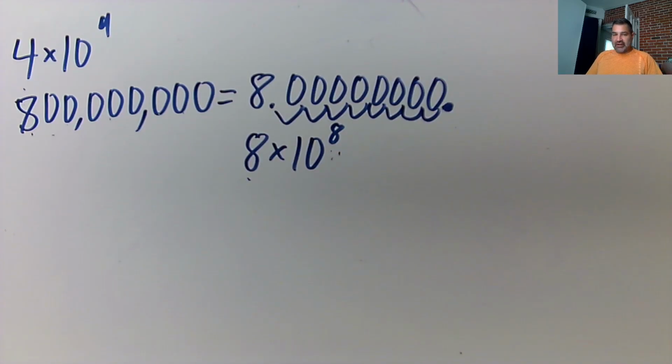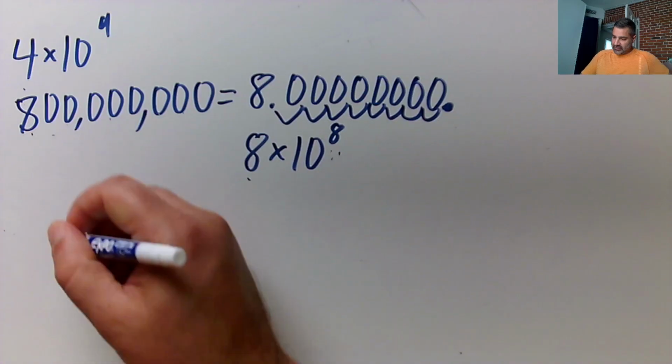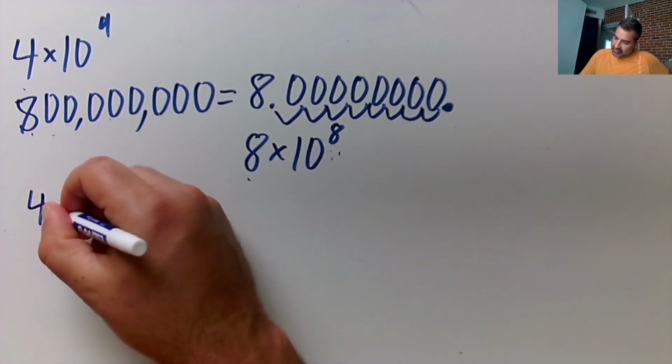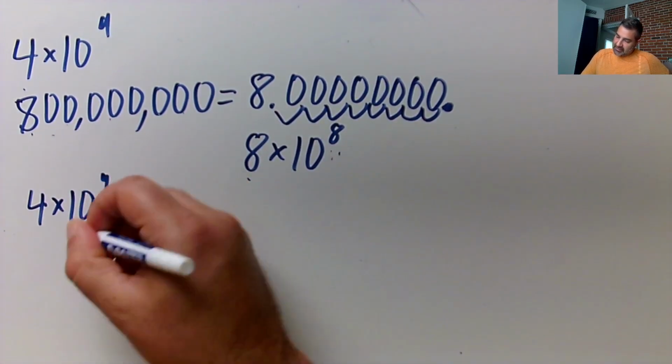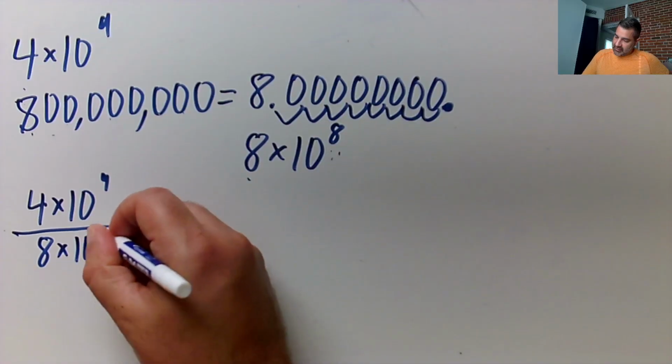The way we figure that out is we take the bigger number, divide it by the smaller number. So we have 4 times 10 to the 9th power over 8 times 10 to the 8th power.